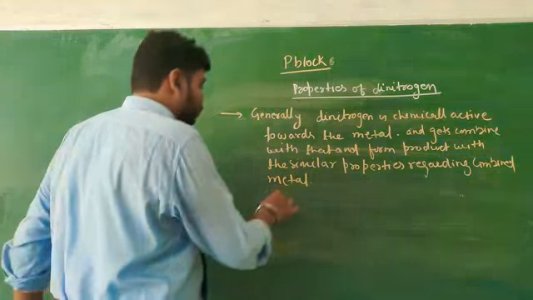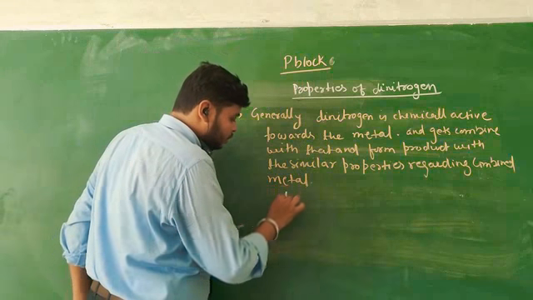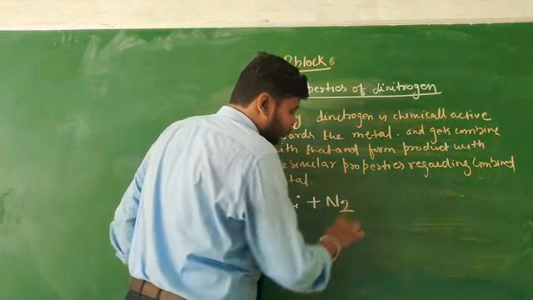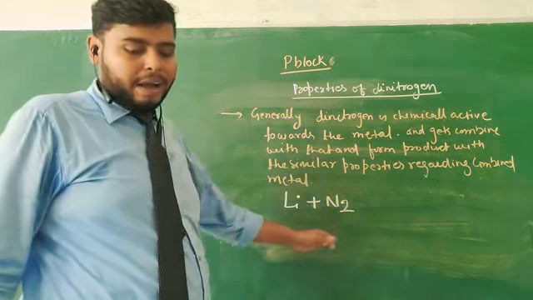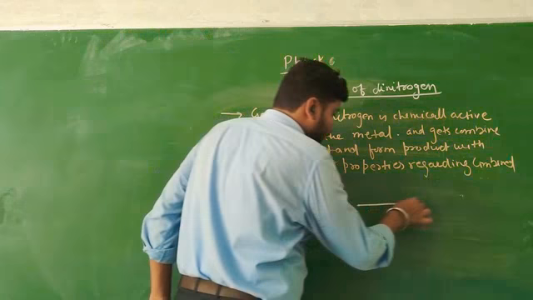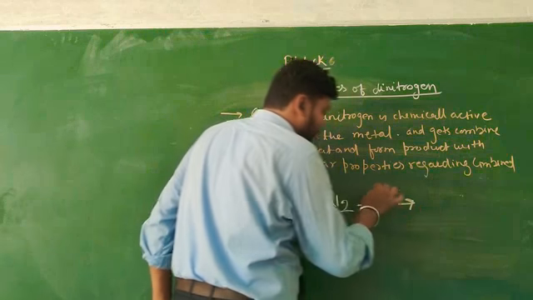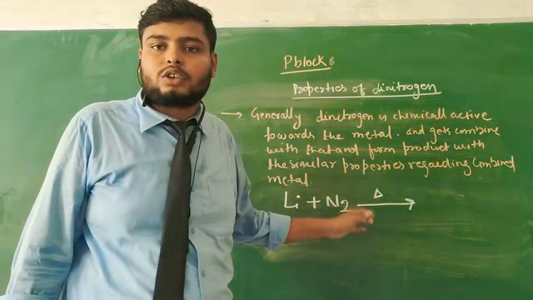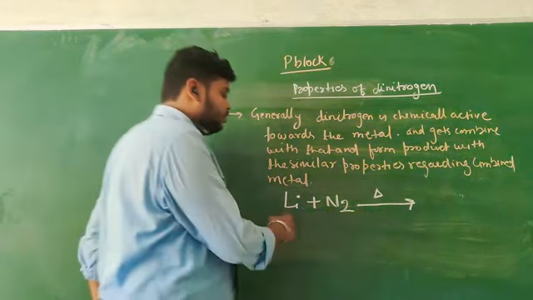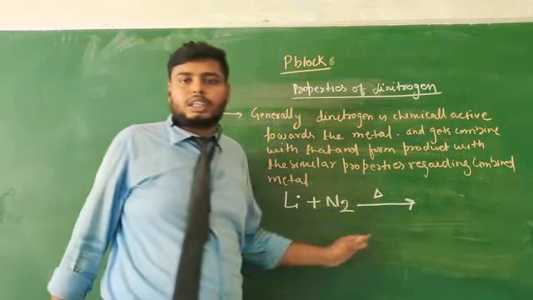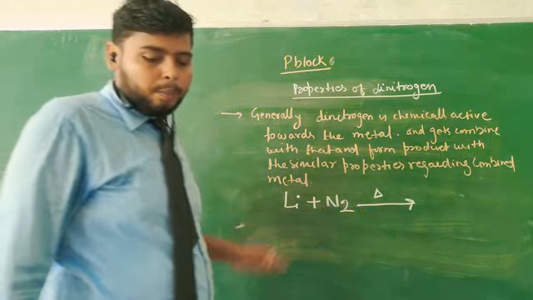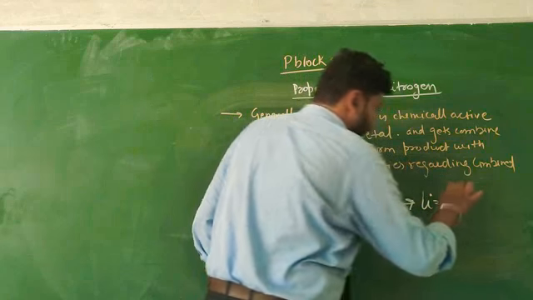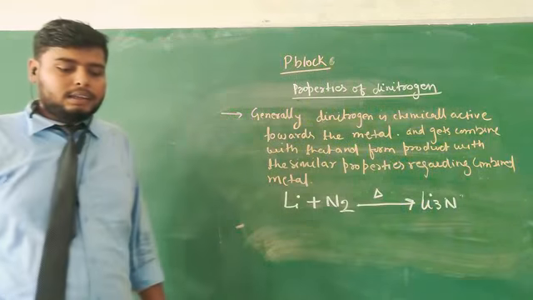Like that, if sodium or lithium combined with N2. Just learn the reactions of the chemical properties. If lithium combined with N2, what is the product, guys? The product is Li3N.